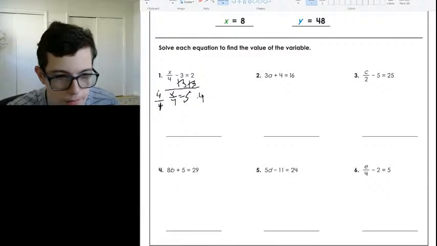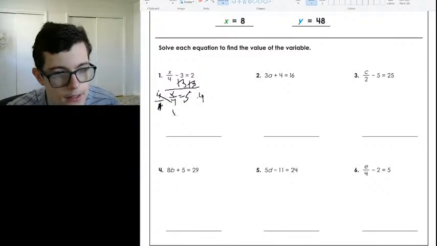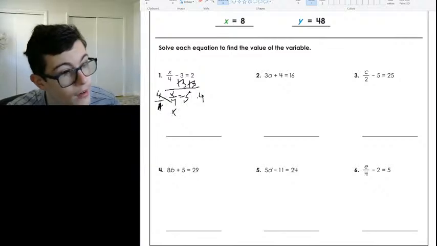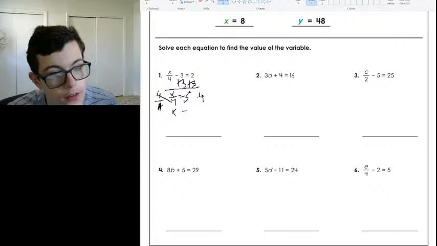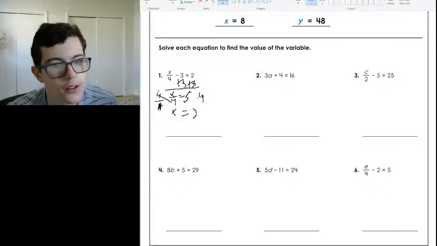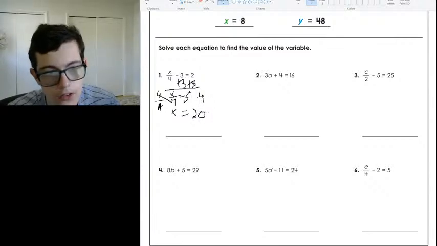That's a 1. We'll cross cancel to get x on one side alone and isolated, and then do 5 times 4 for our times table to get 20. So now x equals 20.